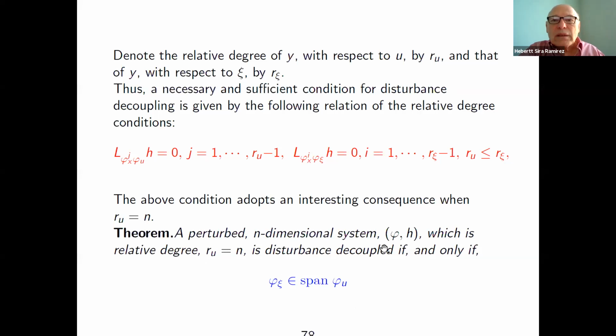So let's assume that there is no zero dynamics, and therefore the disturbance cannot be in any complementary variables because there are not complementary variables in the case of relative degree n. And therefore the disturbance, in order to make the linearization viable, has to appear in the same equation where the control appears, which is the last equation.